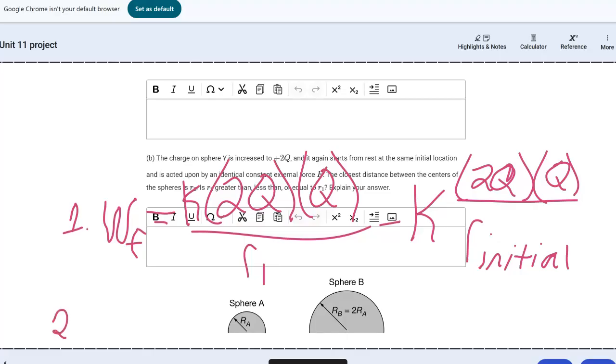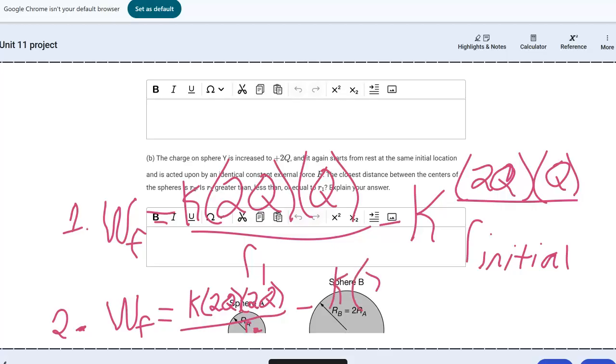And then we're going to do it with 2Q, that's our R2.